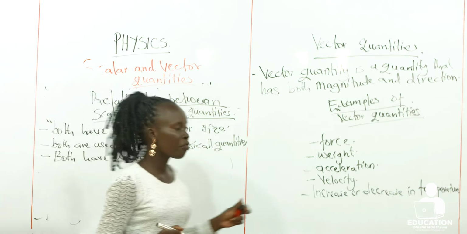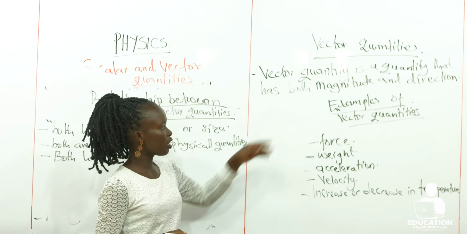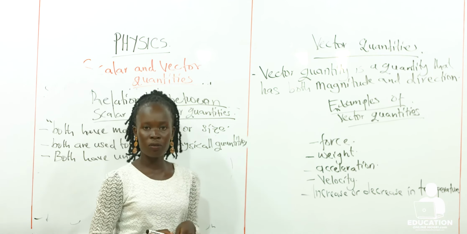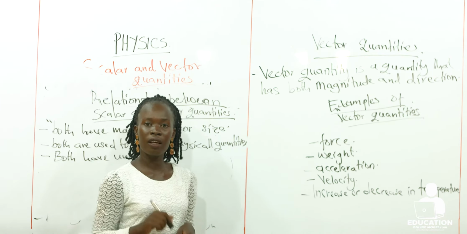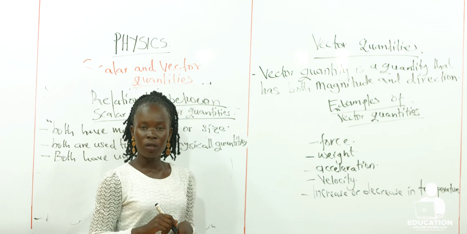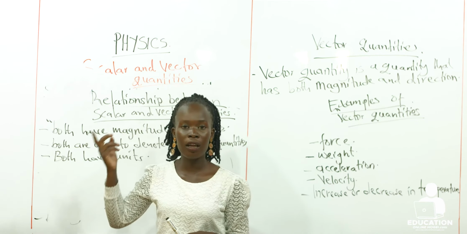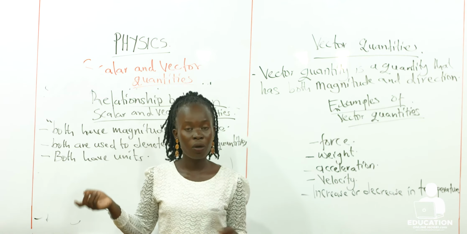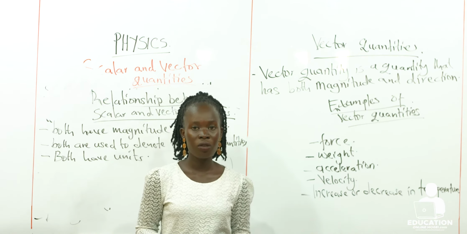How do they have the unit? Look at the example of vector quantity. We have force. Force is having its SI unit, which is the Newton. So if you come back here and look at time, which was under a scalar quantity example, time has a specific unit. So what is the unit of time?